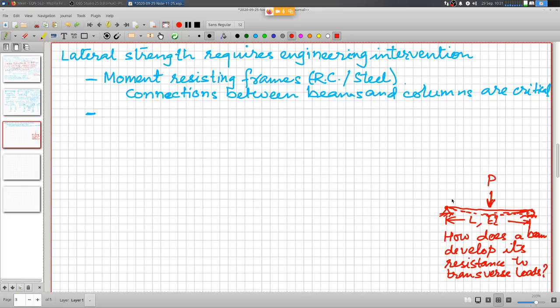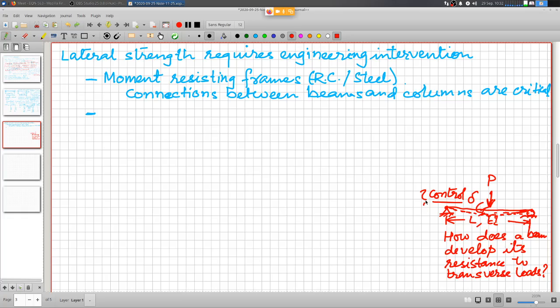So they are all very well within the range, right? But the deformation, this deflection, is too high. Right? So how do I control this deformation, the maximum deflection?